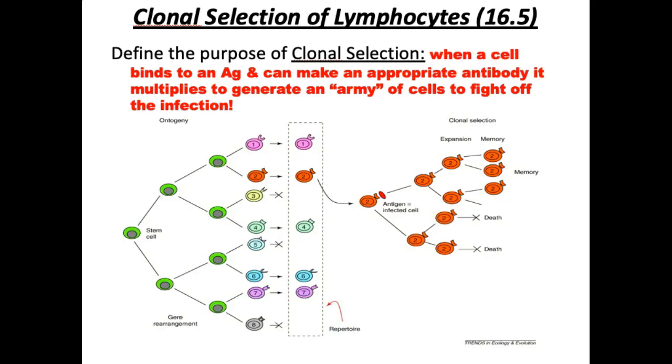The last thing that I wanted to show you was the concept of the clonal selection theory. Clonal selection occurs when a cell binds to an antigen, and then it makes an appropriate antibody. It multiplies to generate an army of cells to fight off the infection.